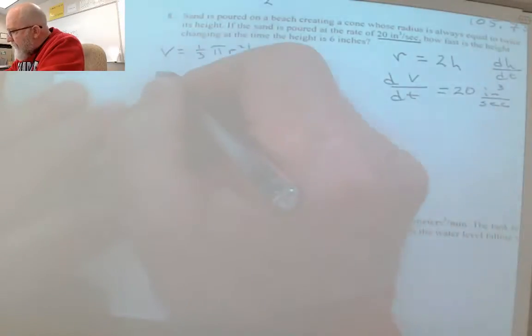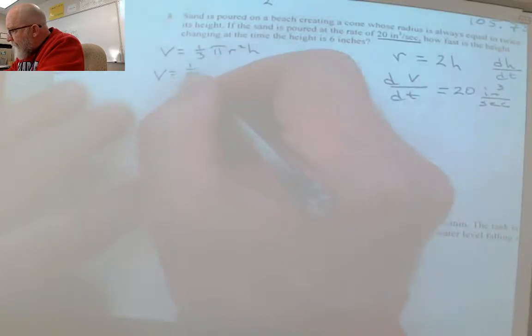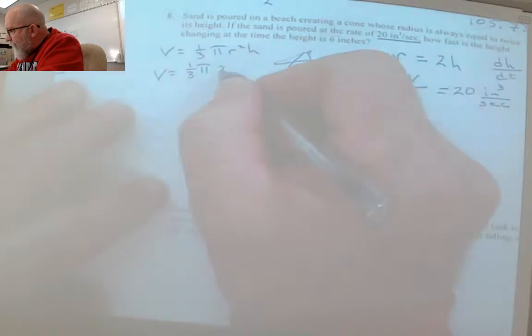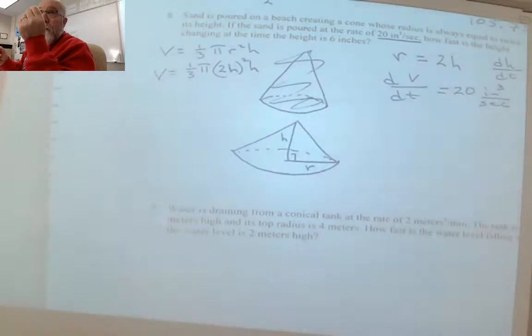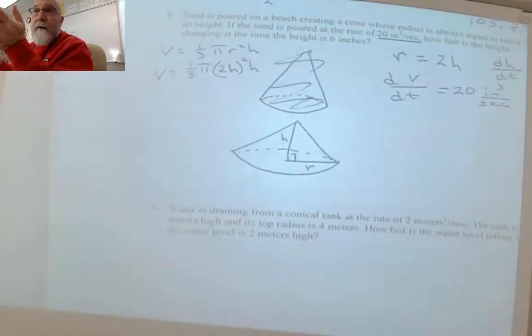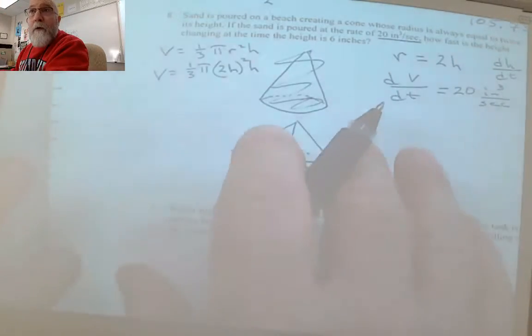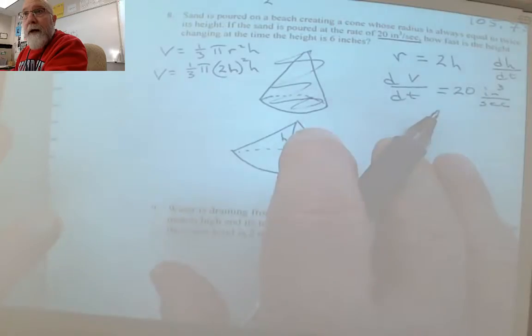So I'm going to change this, and I'm going to have 1/3 pi, and I'm going to put 2h into here, and it tells me to square that, right? Why I do that, Jeremiah, is now I will not have to do the product rule, correct? Which makes it a lot easier. If I did the product rule, McKenna, I could still get it correct. But can you see I'm just going to use the power rule now? It makes it really, really nice.